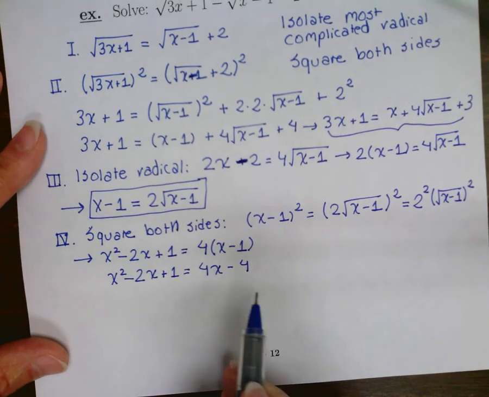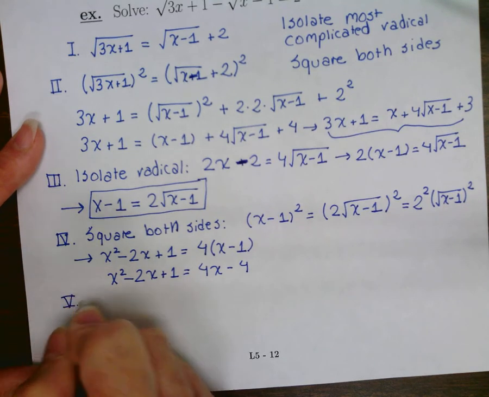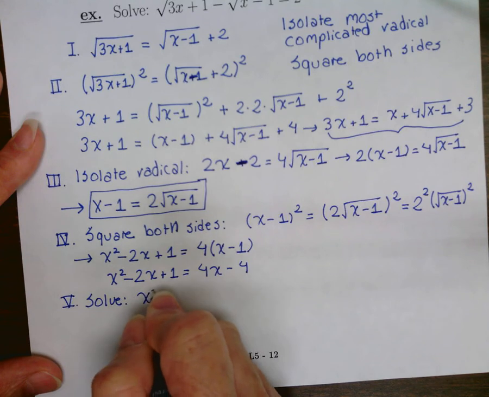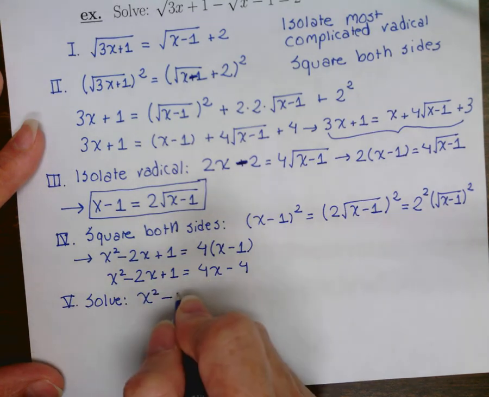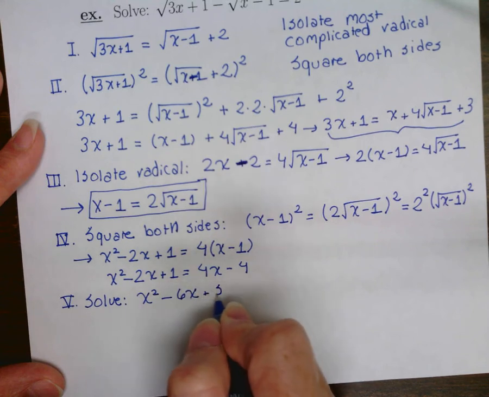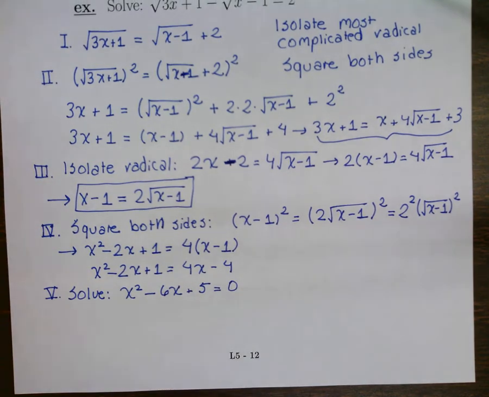And so then I bring everything over to one side to solve it. I get x squared minus 6x plus 5 is equal to 0. Okay, and as you can see, it's really easy to make a sign error or just a multiplying error.